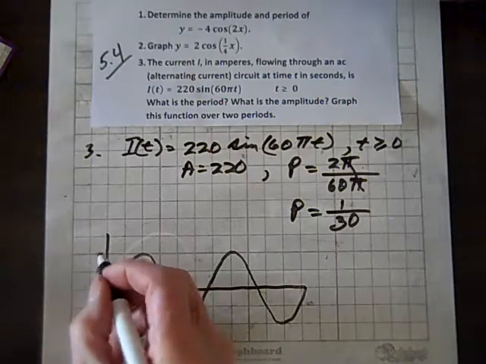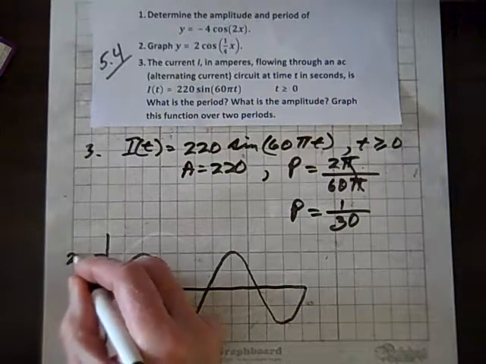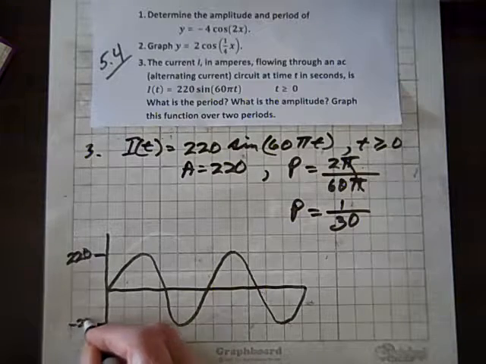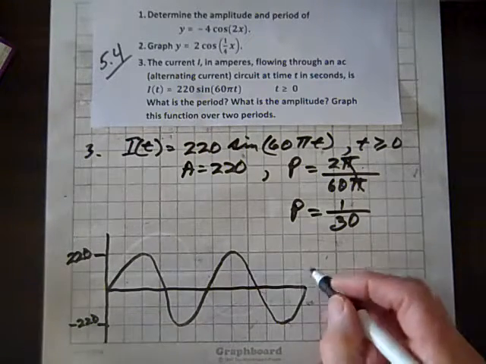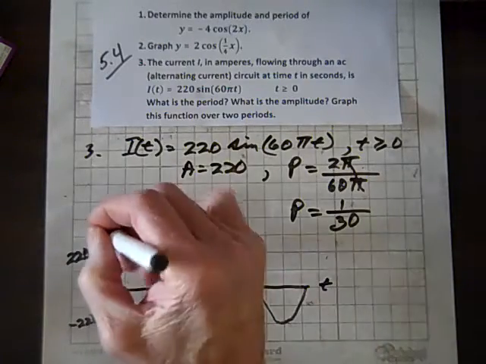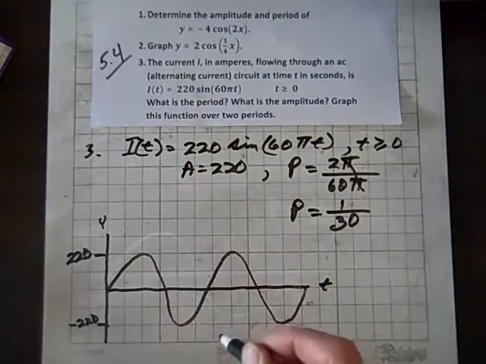So this is 220 right here, and minus 220, and let's call this the t-axis and y.